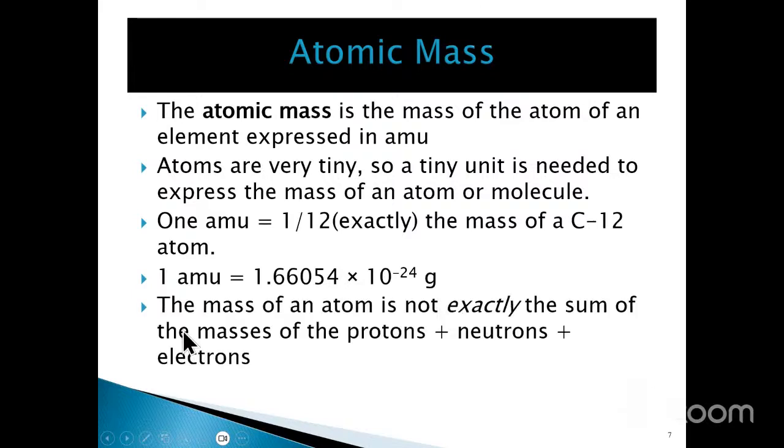And this last sentence here, I won't delve into it much, and this might seem a bit counterintuitive, but basically what this is saying is that the mass of an atom is not exactly the sum of the mass of all the particles that are present, the protons, neutrons, and electrons. There's a reason for that, which I won't get into. For those of you who have to do general chemistry too, you're going to learn about the reason why this is true, right?